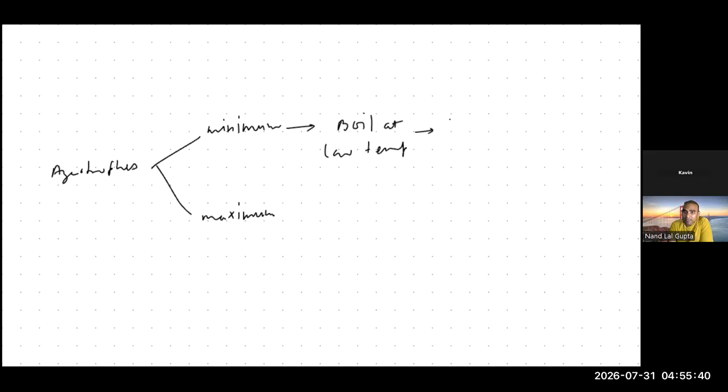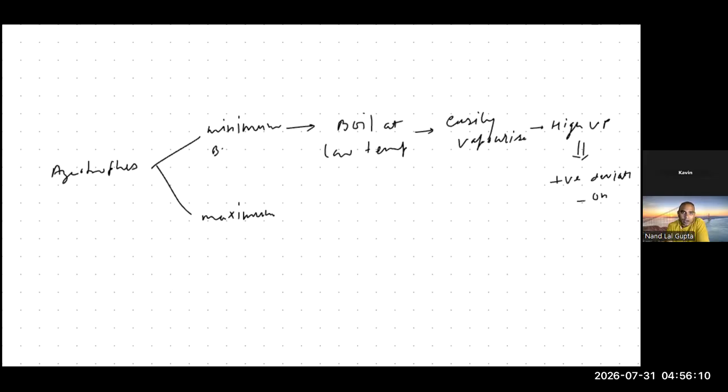If it easily vaporizes, it means high vapor pressure. High vapor pressure means positive or negative deviation? Positive deviation. So a solution showing positive deviation forms a minimum boiling azeotrope. Are you getting this?